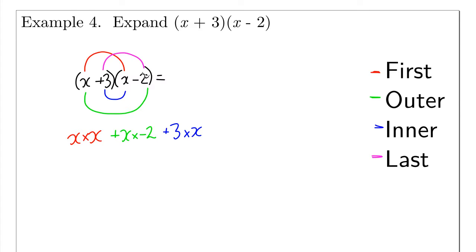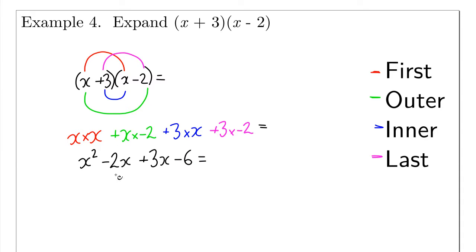And finally we have the last terms multiplied together, which is 3 multiplied by minus 2. And now that we've expanded the bracket, we need to simplify this. x multiplied by x is x squared, x multiplied by minus 2 is minus 2x, 3 multiplied by x is 3x, and 3 multiplied by minus 2 is minus 6.